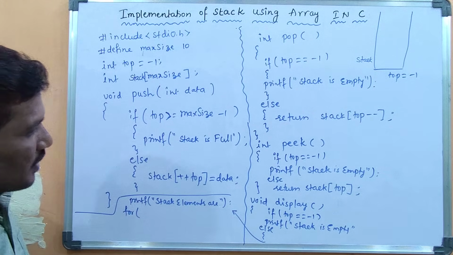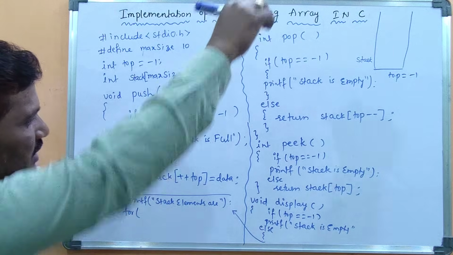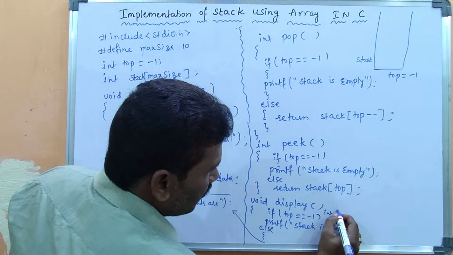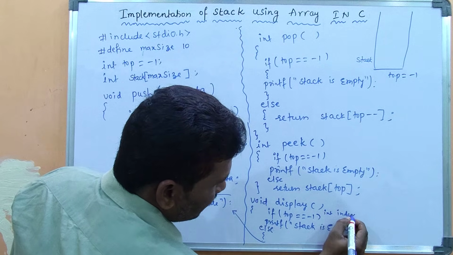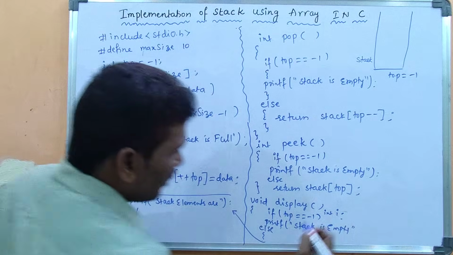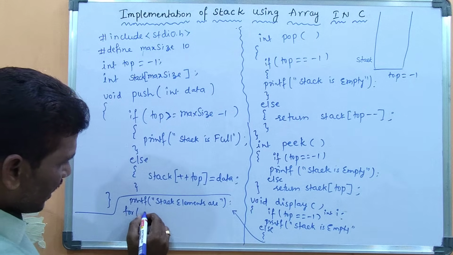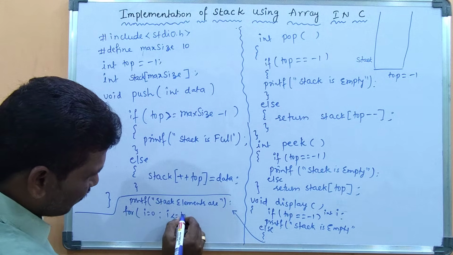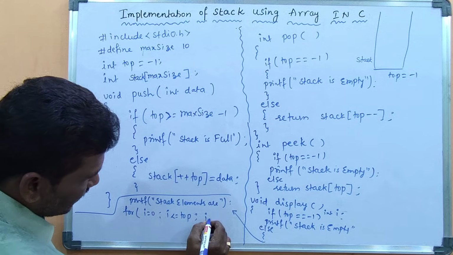For this you declare a local variable, int i, for i equal to 0, i less than or equal to top, i plus plus.